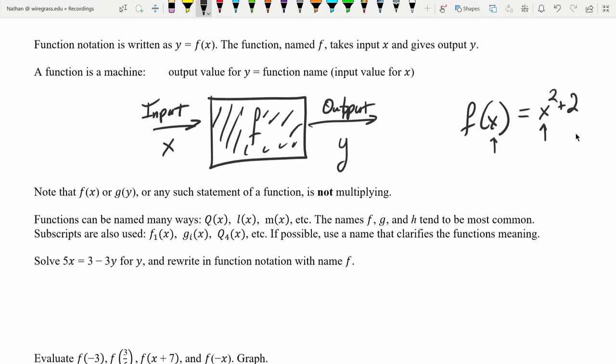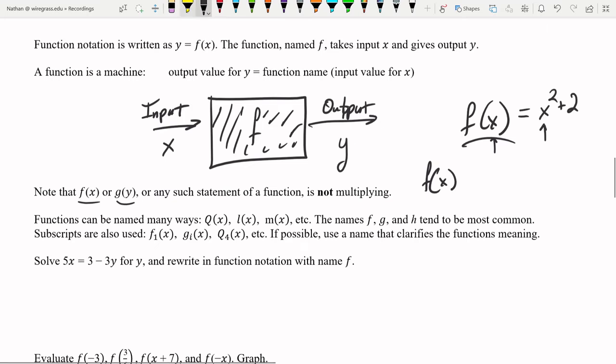Now, it's important to note that this notation, f of x, that's how you read it, f of x. This is not multiplying. It's not f times x. This is the notation, f of x. And whenever you see this notation, you can know this is a function that we're working with.